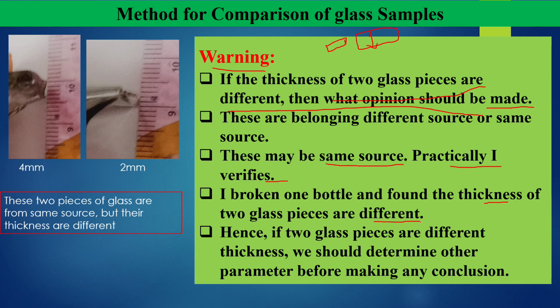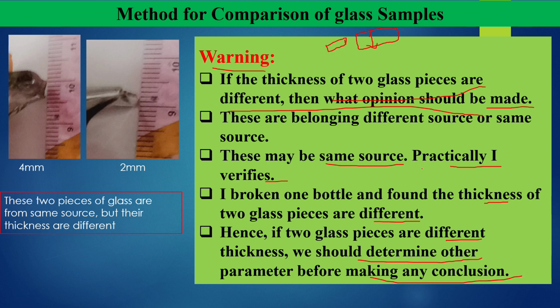So in any situation where we measure two glass pieces with different thickness, we should not conclude on the basis of thickness alone that they come from different sources. You have to go for further analysis of the other properties before making any concrete opinion.